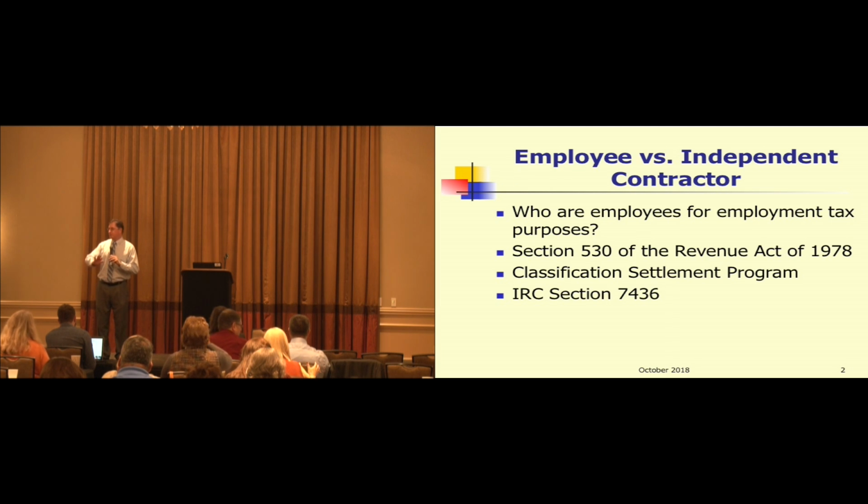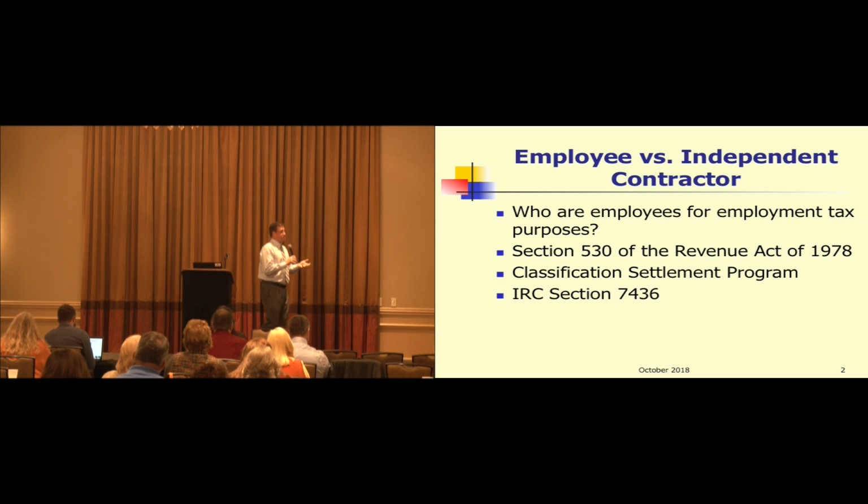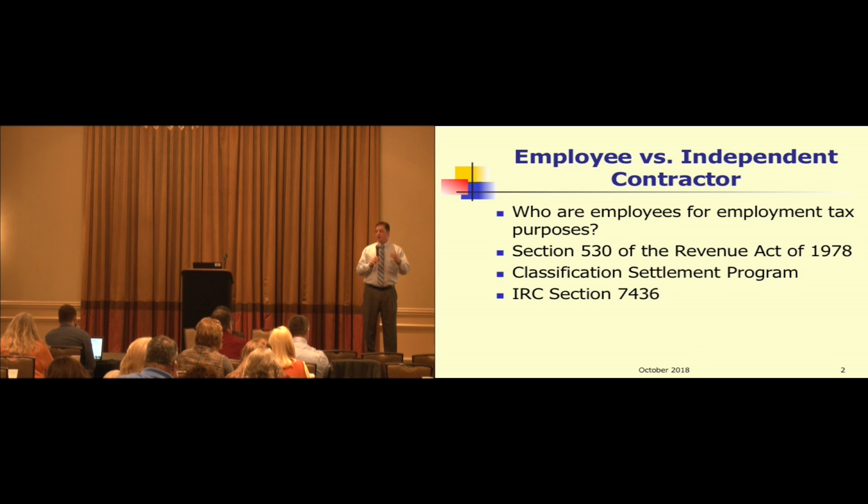You would think that everybody would know that, but that's just not the case. Bonuses go on the W-2, not the 1099. We have seen other benefits provided put on a 1099 when they should all be run through as W-2. So Internal Revenue Code Section 7436 deals with those folks you issued a 1099 for.